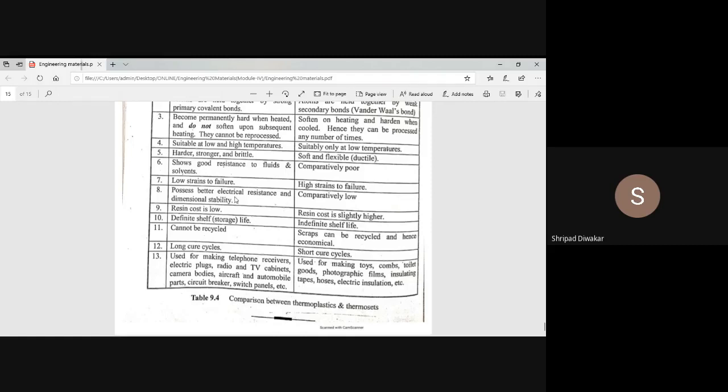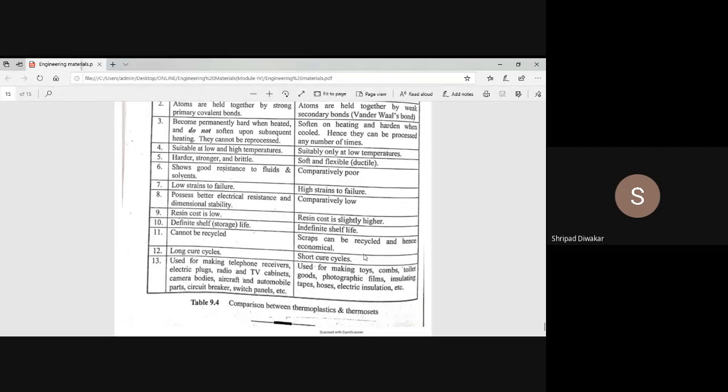Where strength is not required, thermoplastics are used, like toys, combs, toilet goods, photographic films, and insulating materials. That's all about plastics.